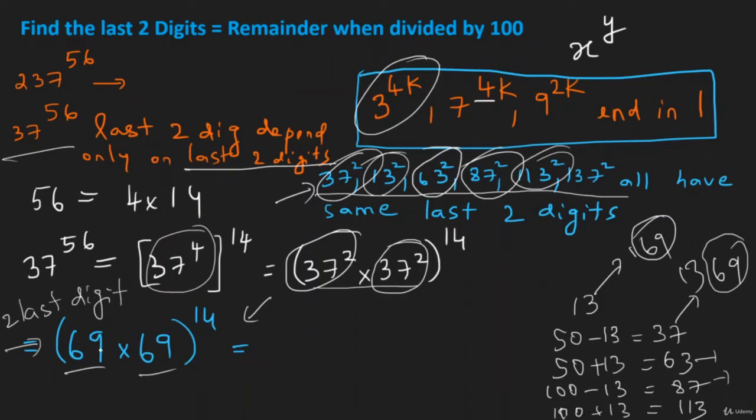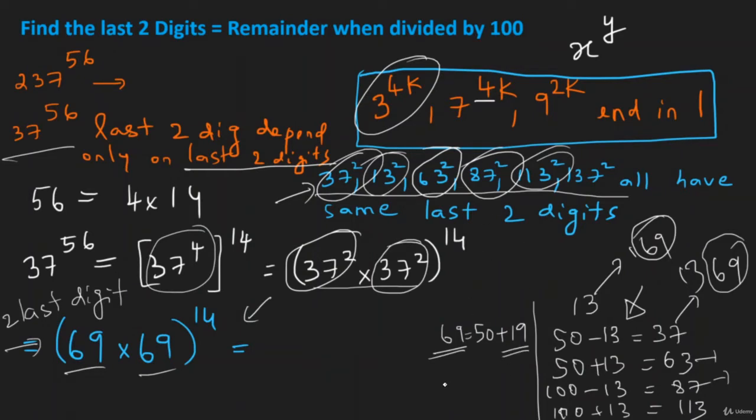Alright. Now 69 square will have the same last two digits as 19 square, because 69 is equal to 50 plus 19, right? Therefore, using the same thing that we've seen over here, you can notice that 69 square and 19 square will have the same last two digits.